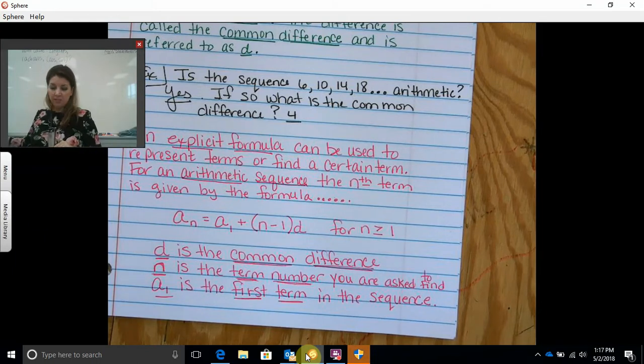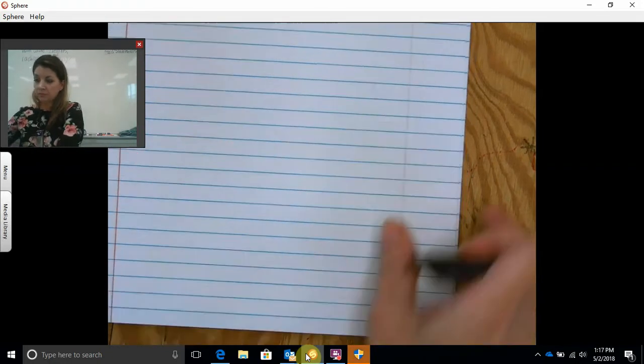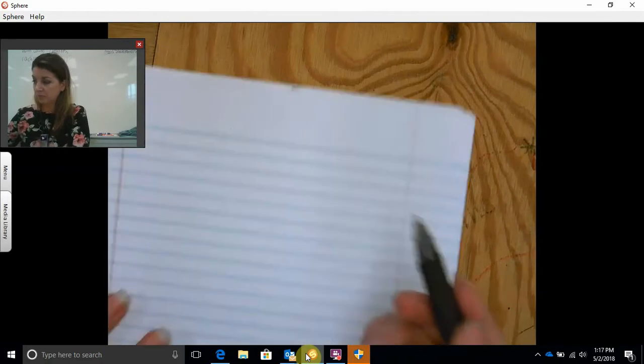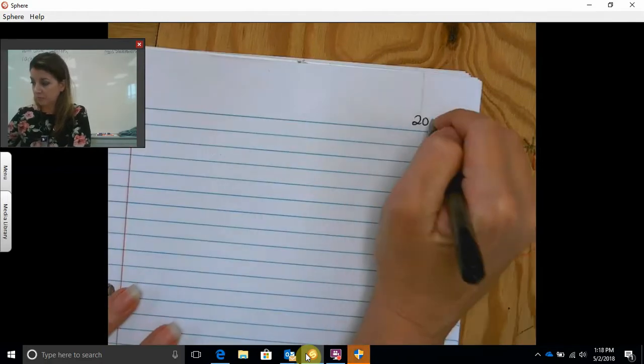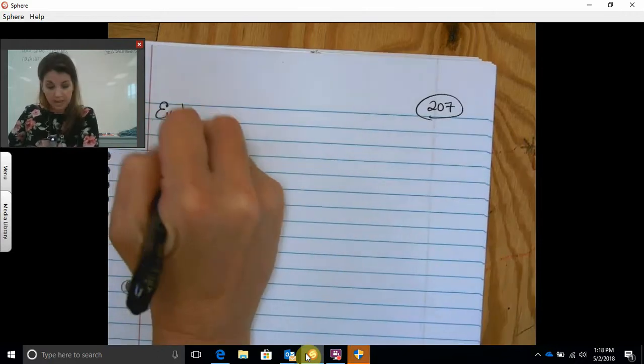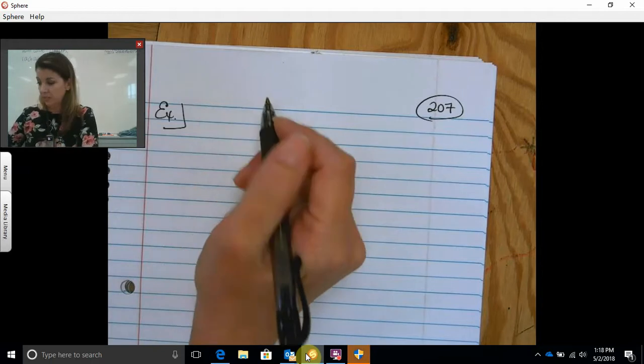Page 207. Find the 20th term of the arithmetic sequence.